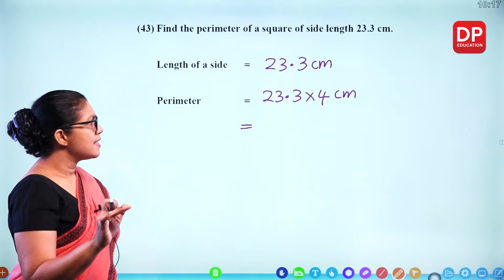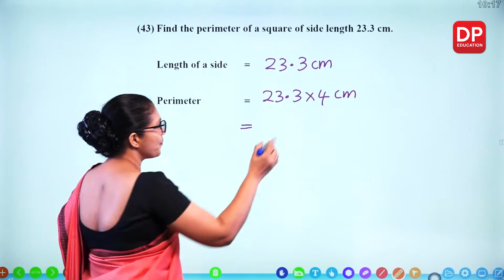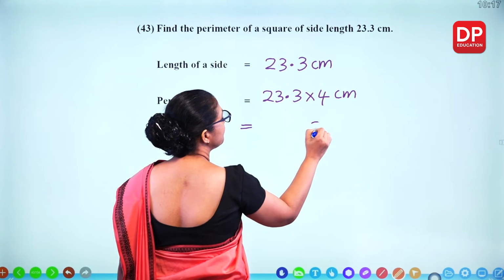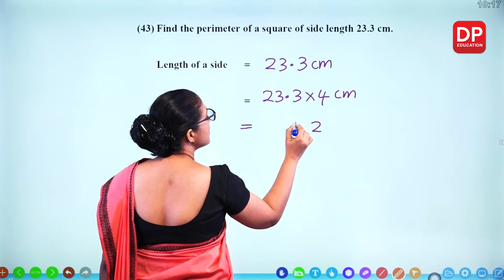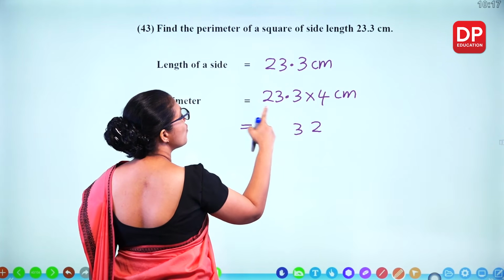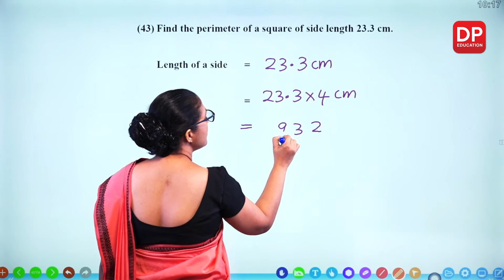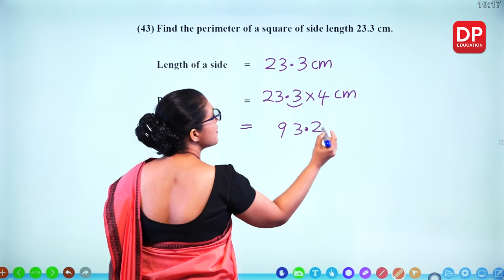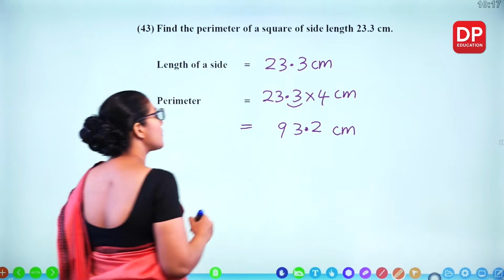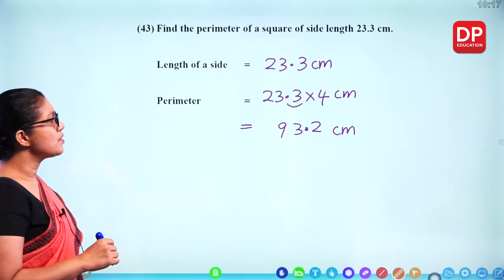Without considering the decimal, just multiply by 4. 4 times 3, 12. 1 remaining. 4 times 3, 12 plus 1, 13, 3 and 1 remaining. 4 times 2, 8 plus 1, 9. Now there's 1 decimal place, so you keep 1 decimal place there. 93.2 centimeters.